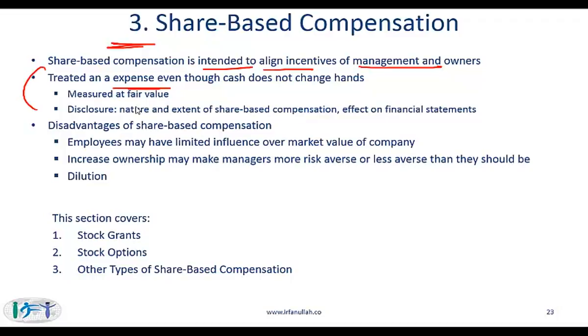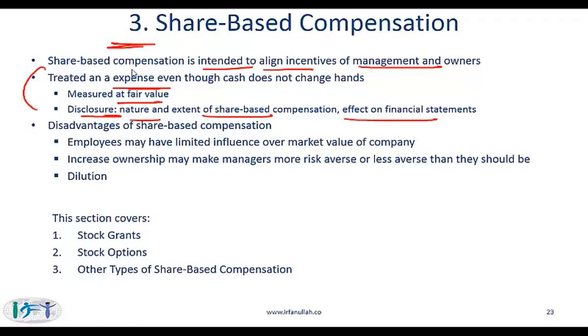Based on both IFRS and US GAAP, you need to come up with the fair value. If you are giving stock options, you use models such as Black-Scholes or the binomial model and come up with the value of the options, and that needs to be shown as an expense. And then whatever a company is doing needs to be disclosed. So the nature and extent of share-based compensation needs to be disclosed in footnotes. Any impact on financial statements needs to be disclosed in the footnotes.